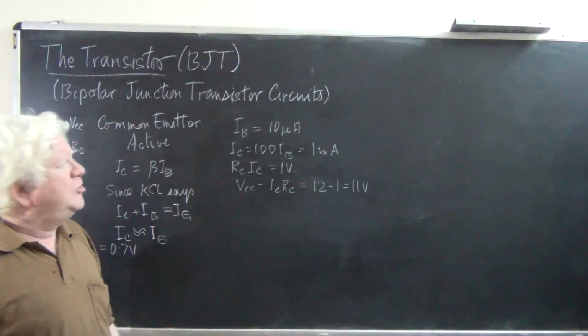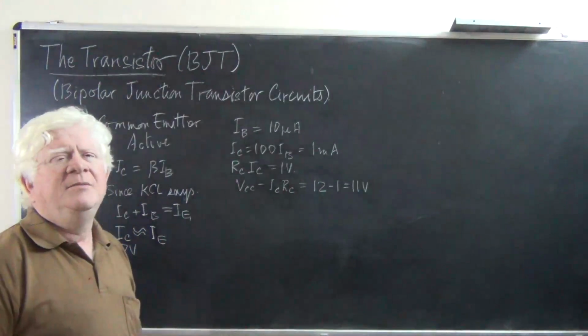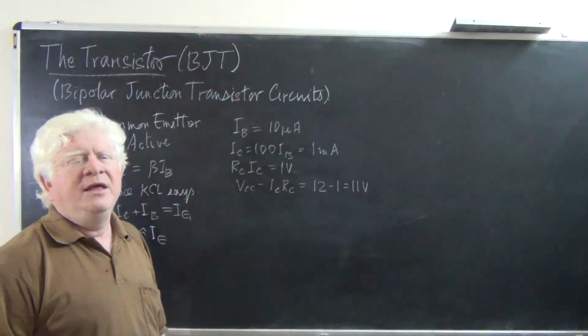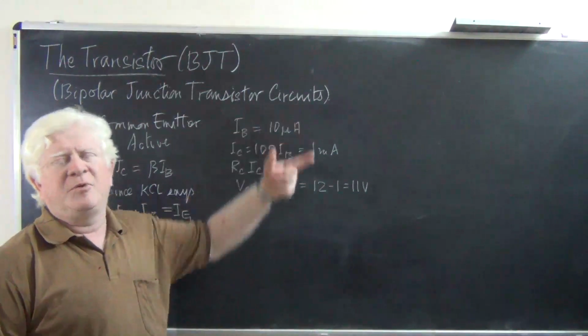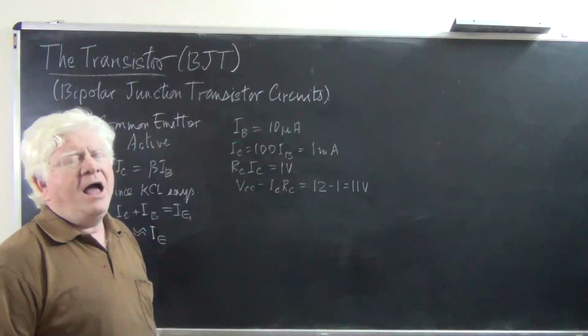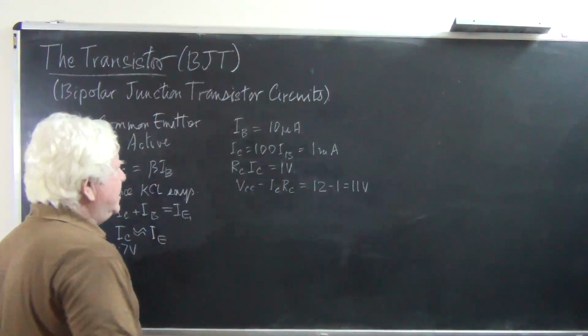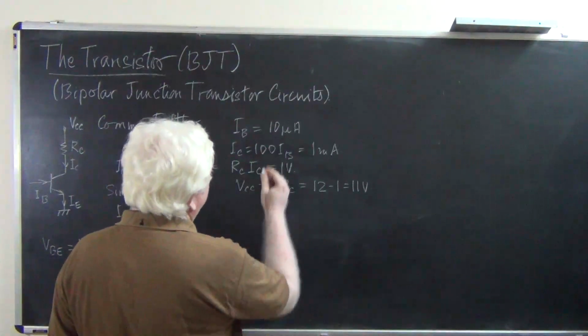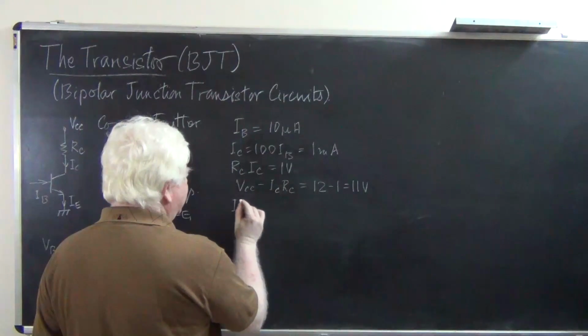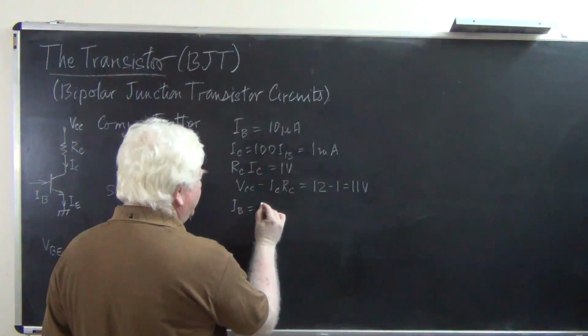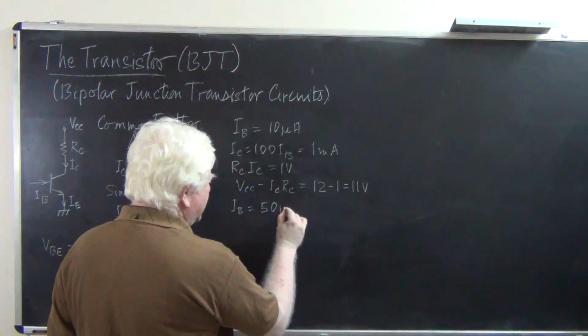Now the moment we increase the base current a little more, the collector current will increase proportionately and the collector voltage will come down accordingly. So let's make the next calculation at IB equal to 50 microamps.